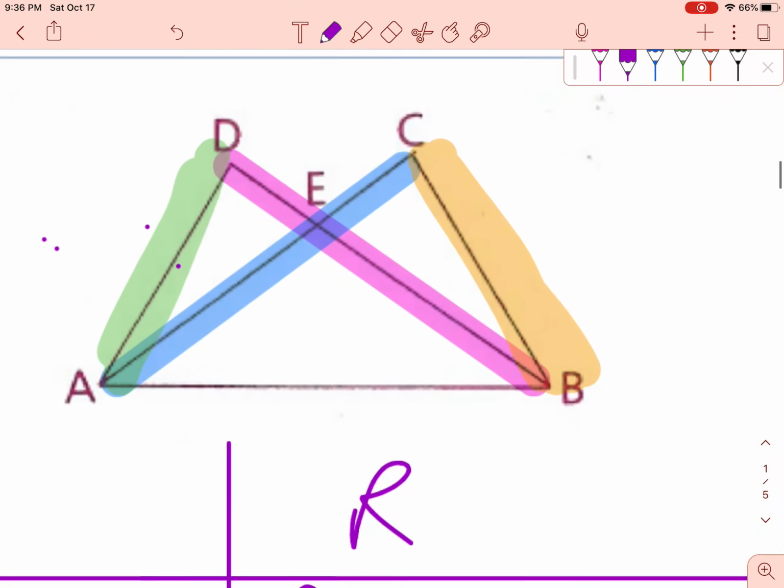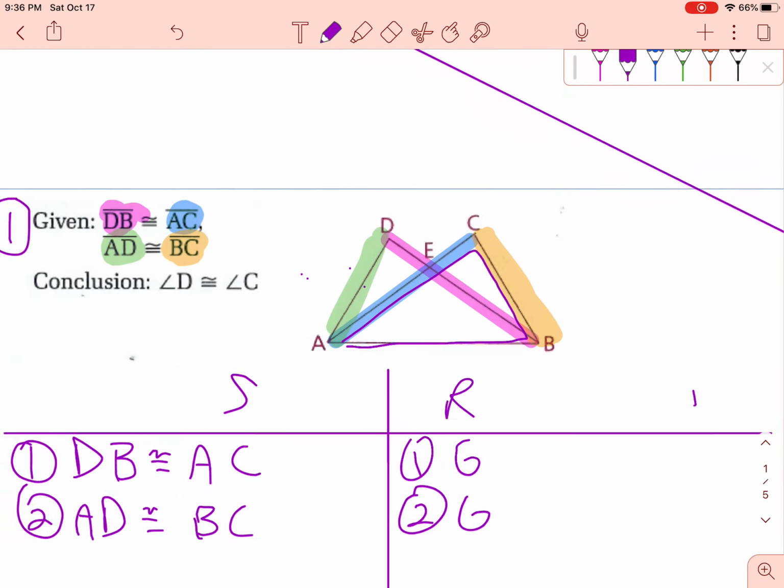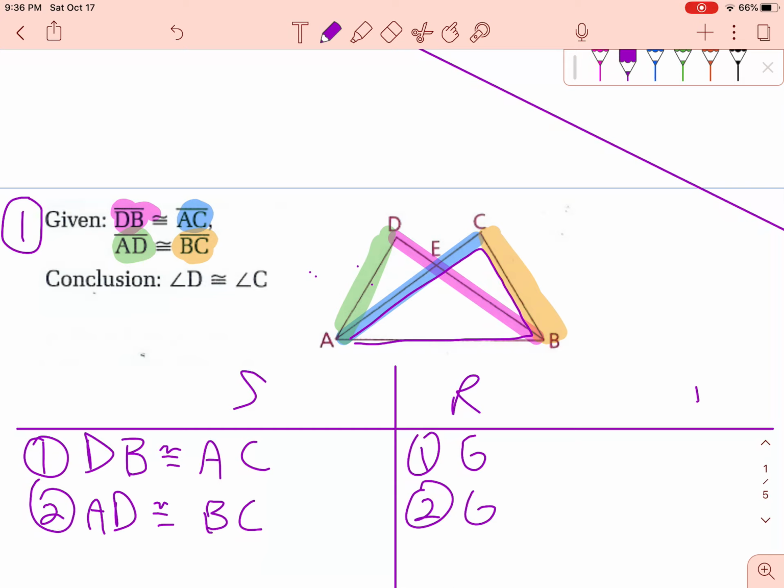So I'm thinking to myself, why would I pull this triangle out? I wouldn't, because I don't know how big this side is and I don't know how big this side is. So I'm not using that little triangle. I'm going to pull out this big triangle. If you'd like to pull it over to the side, you absolutely can.